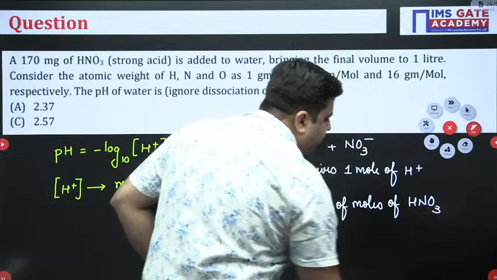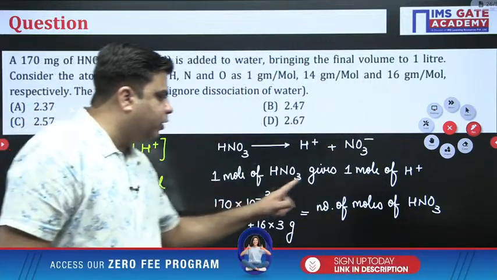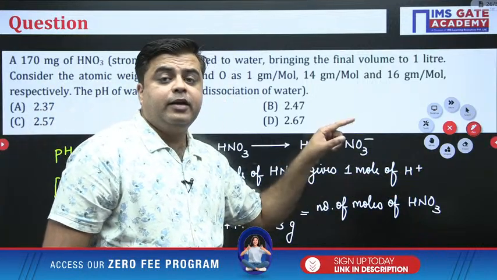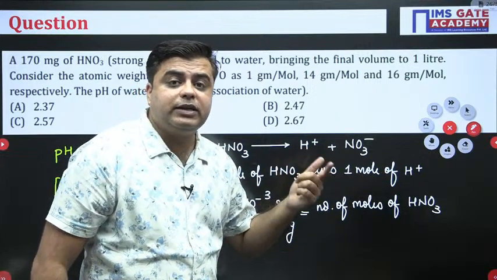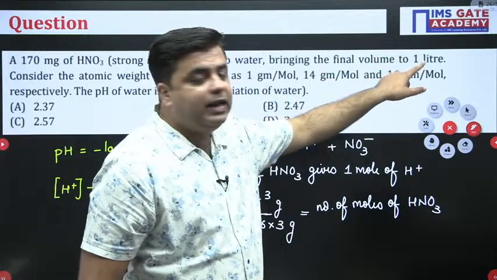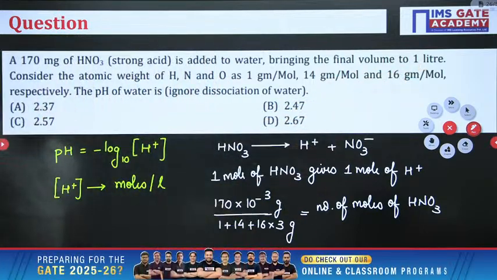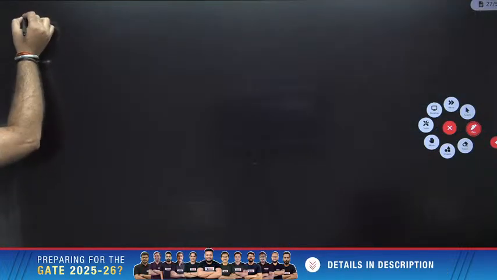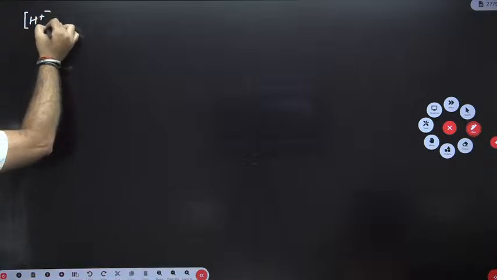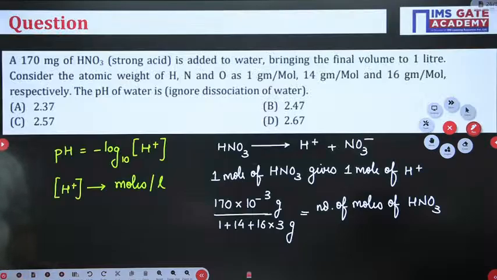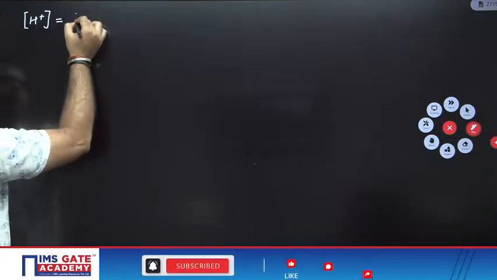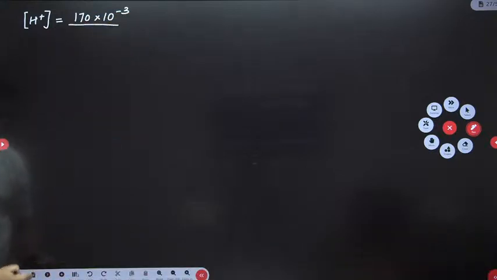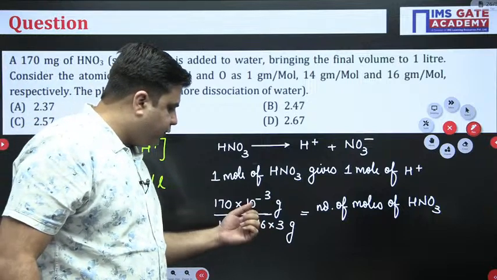If these are the number of moles of HNO3, the same number of moles of H plus ions will be present. Now you have the number of moles of H plus ion. These moles are present in 1 liter of water. So the H plus ion concentration is 170 into 10 raised power minus 3 divided by, what is the sum here? 15 plus 48 will be how much?